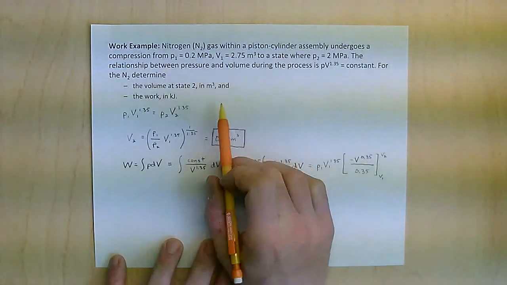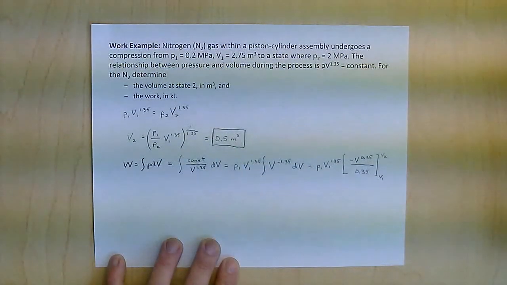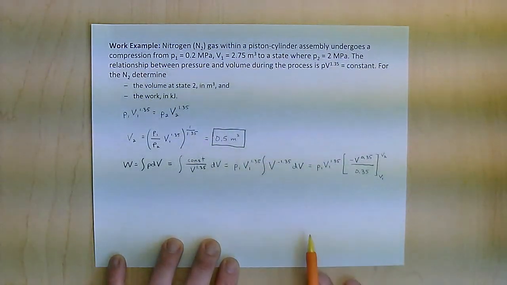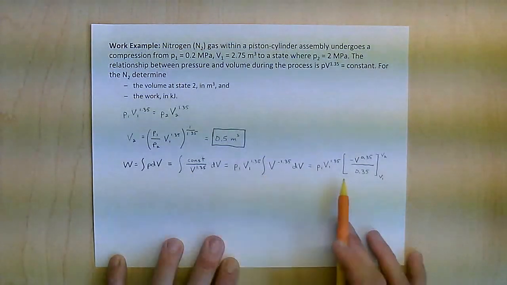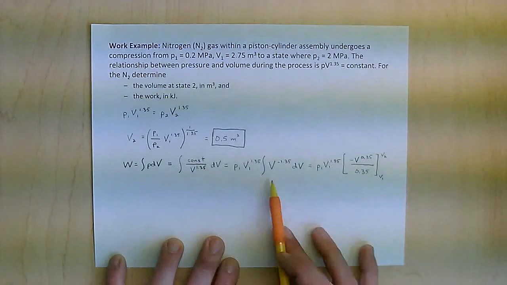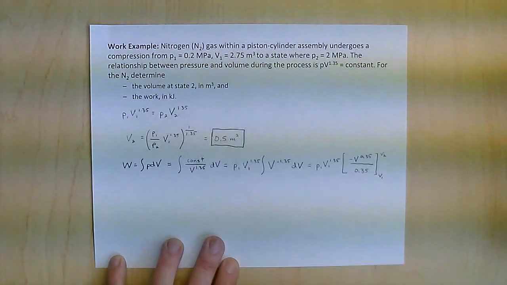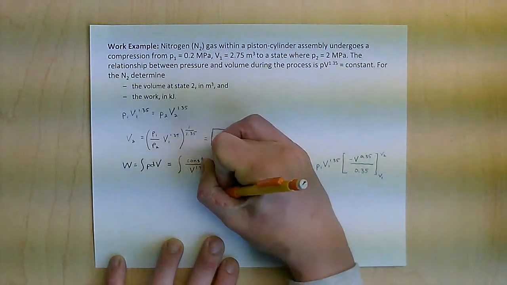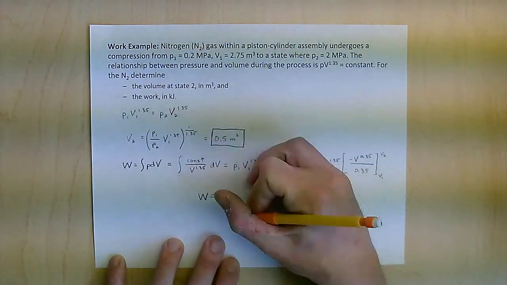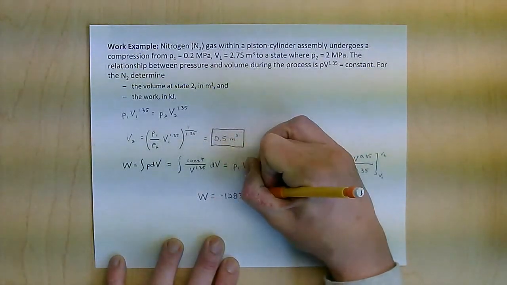Now it's just plugging in the values. Once I set up this integral, plugging in what I have for V, pulling the constant out, doing the integral of V to the negative 1.35, I get this. Plugging in all my values, I get work equals negative 1283 kilojoules.